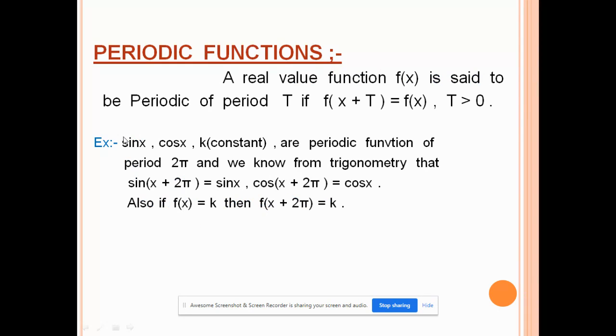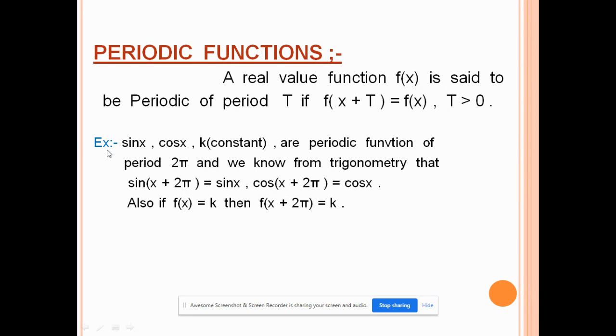Next, let us go through periodic functions. What is meant by a periodic function is, a real valued function f of x is said to be periodic of period T if f of x plus T is equal to f of x, when T is greater than 0.